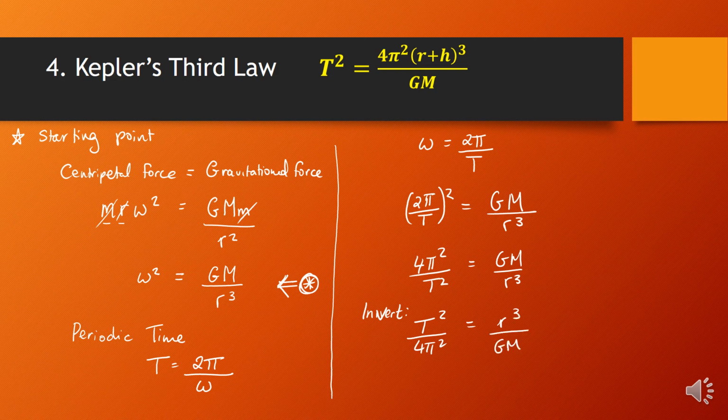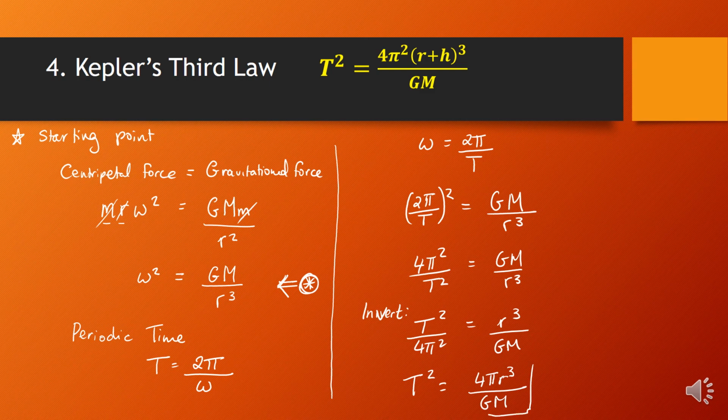Now to arrive at T squared, we will multiply both sides by 4 pi squared, and what we'll arrive at then is T squared equals 4 pi squared r cubed over GM. So that's pretty much it.